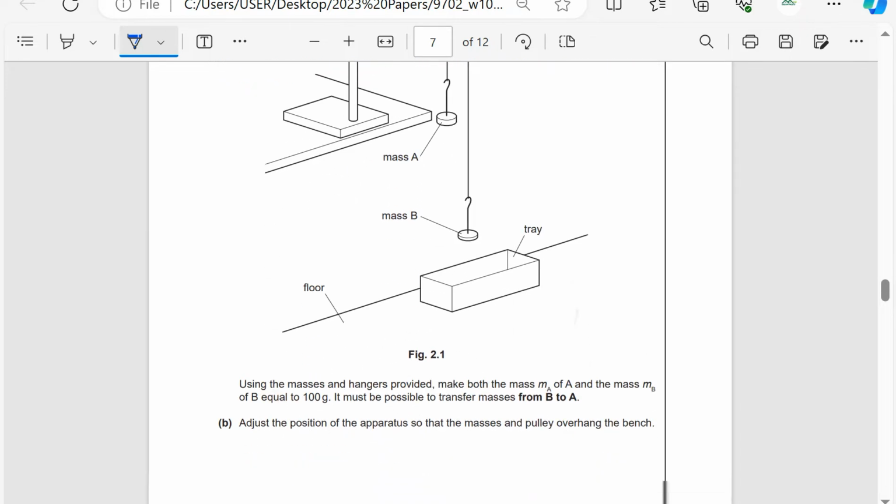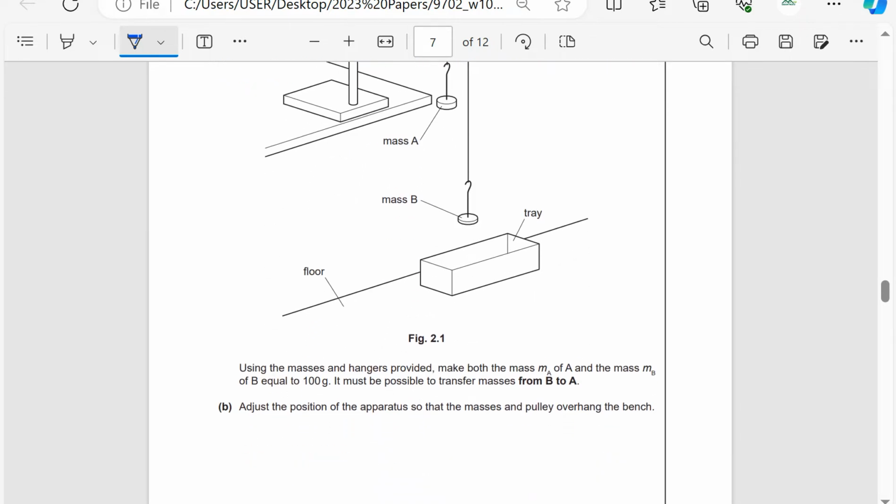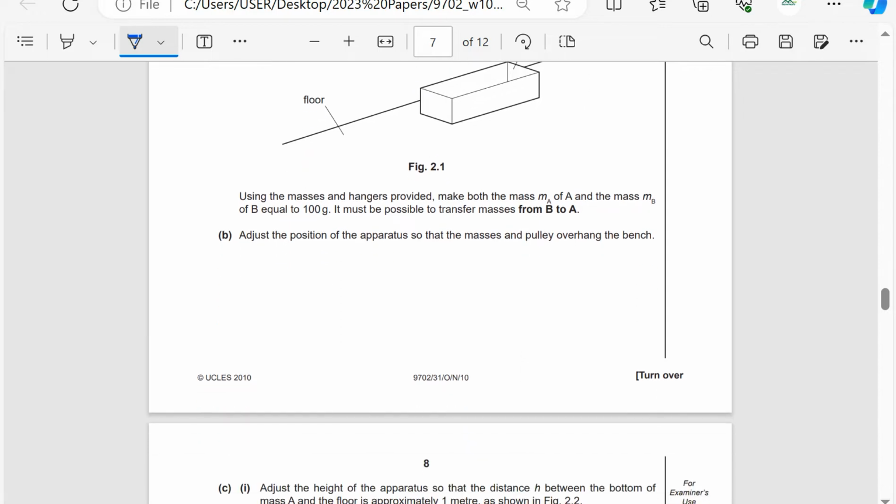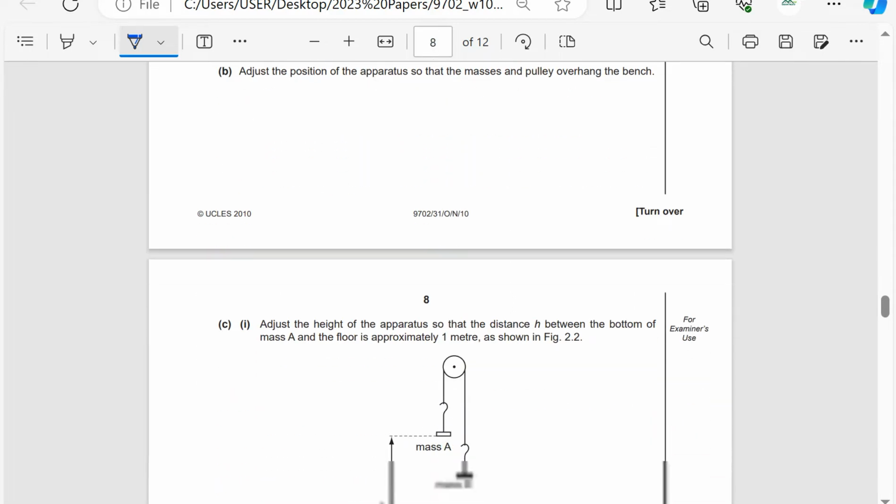Using the masses and hangers provided, make both masses MA of A and MB of B equal to 100 grams. It must be possible to transfer masses from B to A. Adjust the position of the apparatus so that the masses and the pulley overhang the bench.